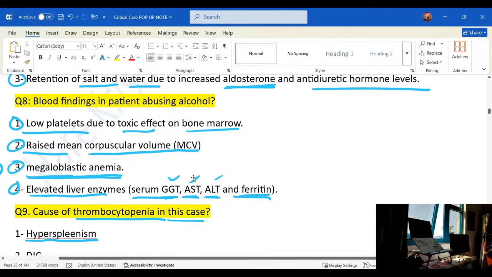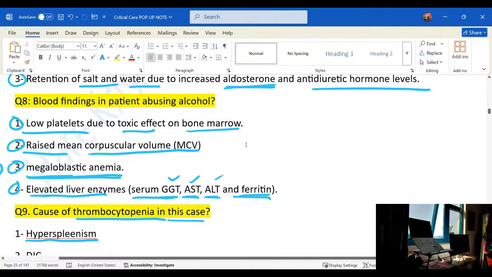So this is the blood picture of an alcoholic patient: MCV raised but platelets low, and megaloblastic anemia with elevated liver enzymes.